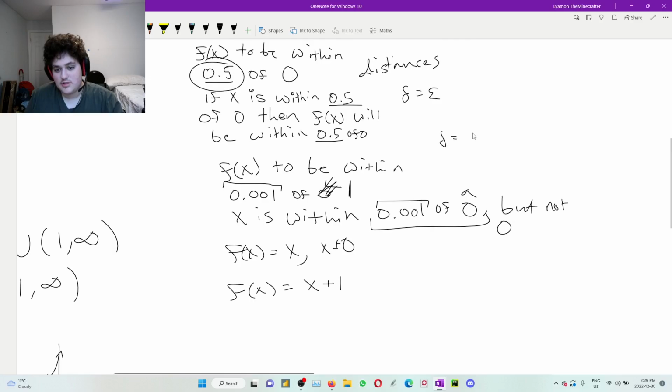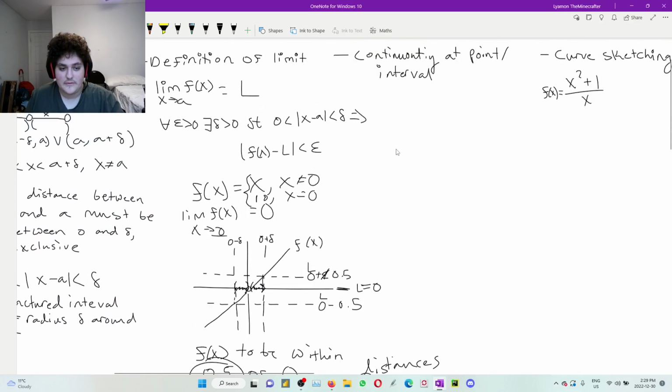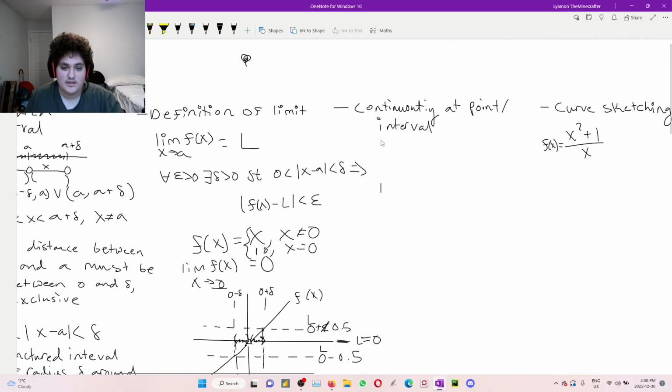You still have delta equals epsilon, because if you're within 0.001 of 1, well, if you're within this distance of 0, then the number that you're adding to 1 is going to be within this distance of 0, so it will be that close to 1, right? Yeah, so that's basically what the definition of a limit is.